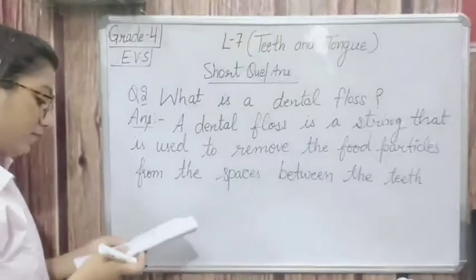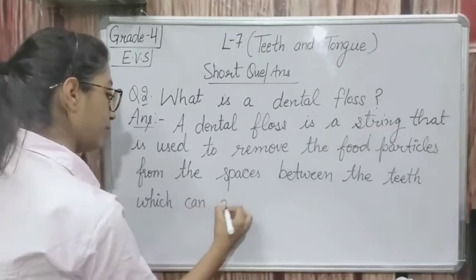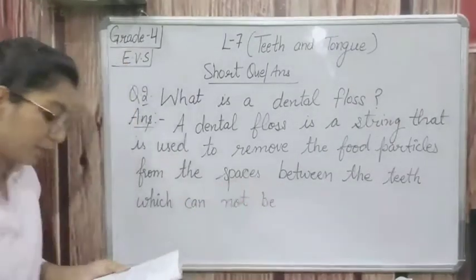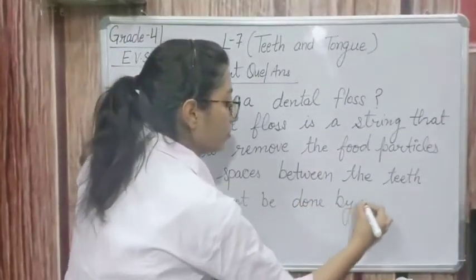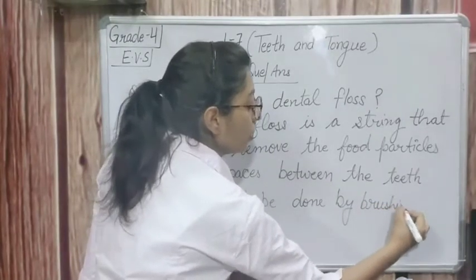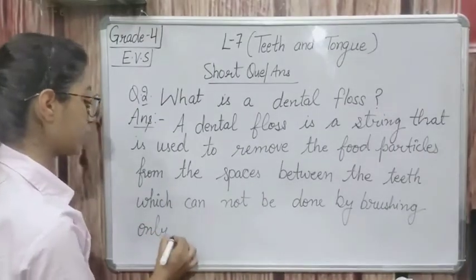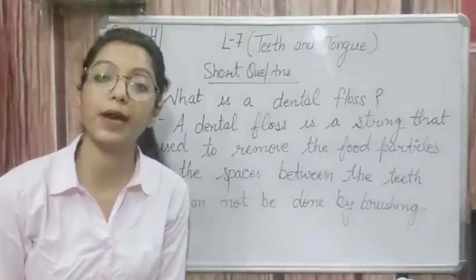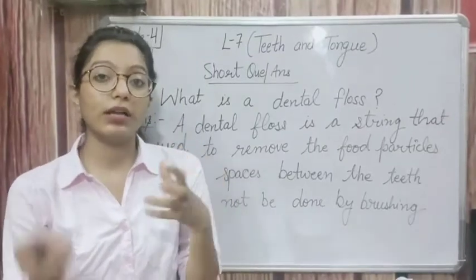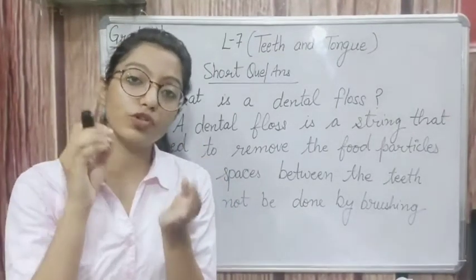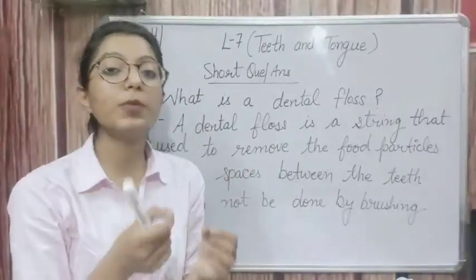which cannot be done by brushing only. सिर्फ ब्रश करने से सारे food particles हमारे माउथ से नहीं निकलते हैं, because there are some spaces between the teeth और टीथ के अंदर जो space है उसमें food particles stuck हो जाते हैं और that places our toothbrush नहीं पहुंच पाता है.